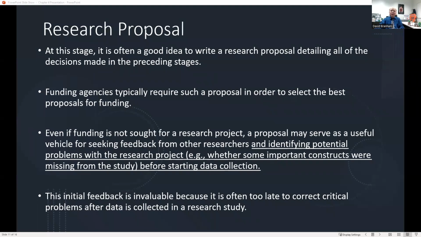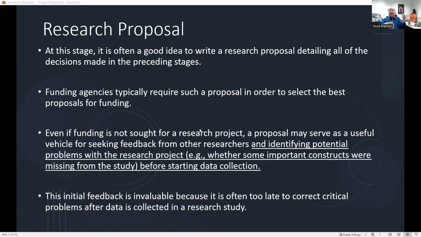So, the research proposal. At this stage, it's often a good idea to write a research proposal detailing all the decisions made in the preceding stages. So you say, okay, this is my proposal, this is what I want.